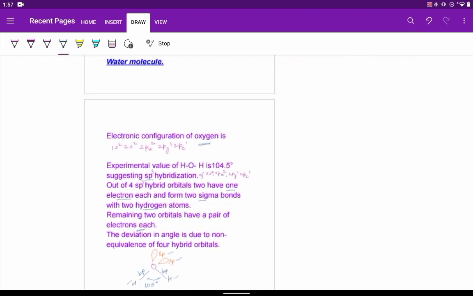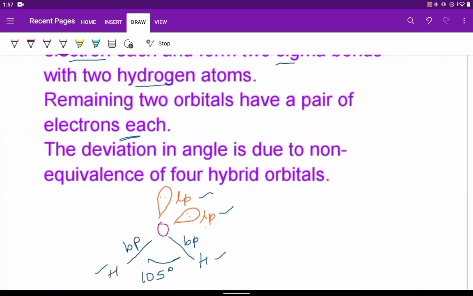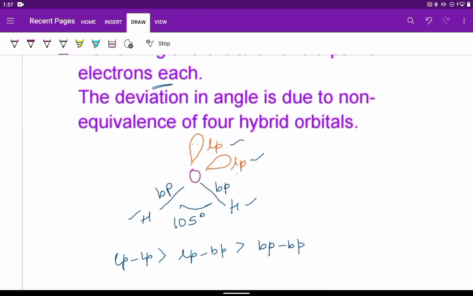If we see the repulsion again, we find that the repulsion of lone pair is maximum, that is even greater than lone pair bond pair repulsion, and that is greater than bond pair repulsion.